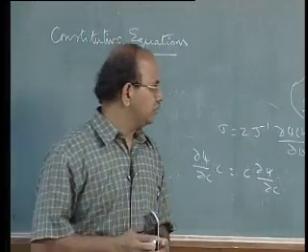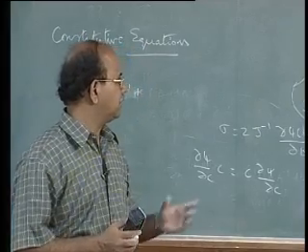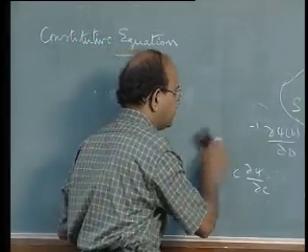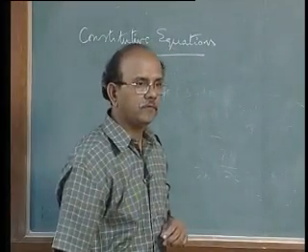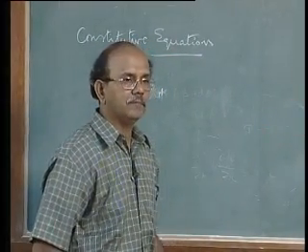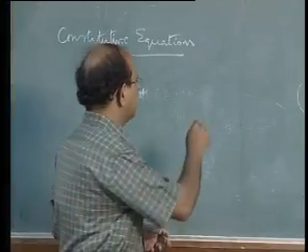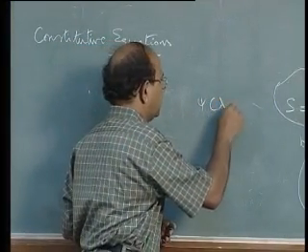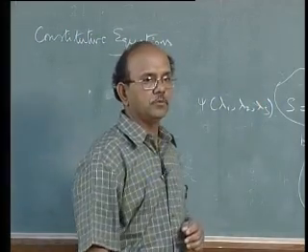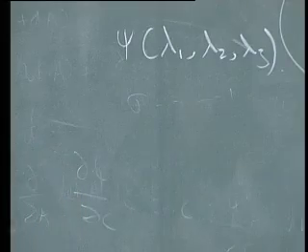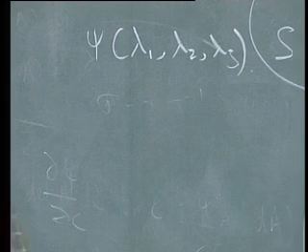Now it's usually customary to write down this free energy function not in terms of I1, but in terms of lambda 1, lambda 2, and lambda 3. That's the usual way of writing down this expression.